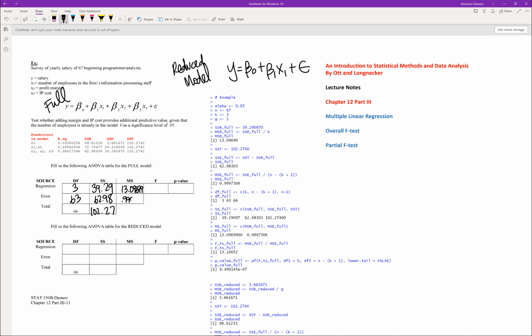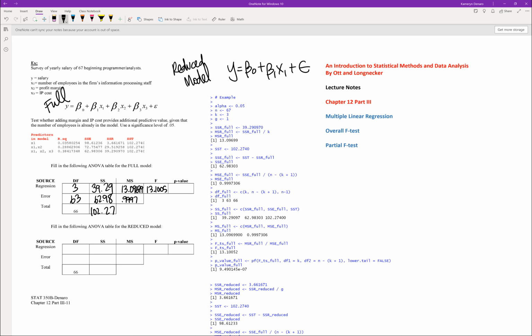So our mean squared error is saying that the typical error that we're seeing is about 1. So to get our F value, we see that the mean square due to regression is actually much higher than the mean square of the typical error. So we get an F value of 13.1005.